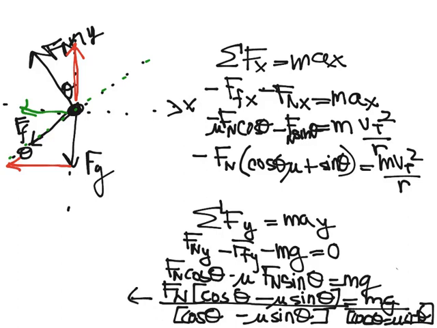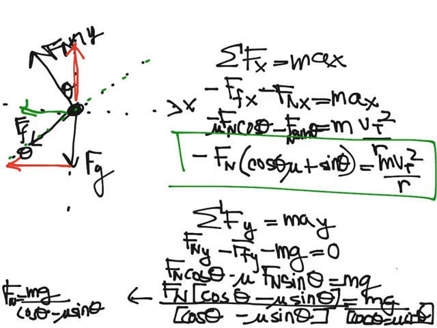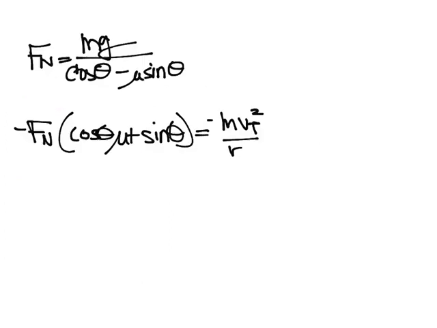Okay, and what I find is that Fn equals mg divided by cos theta minus mu sine theta. Okay, now what I can do, and I'm going to bring this to the next page, is I'm going to use these two equations, and I'm going to use them to solve for Vt, just like I did before.